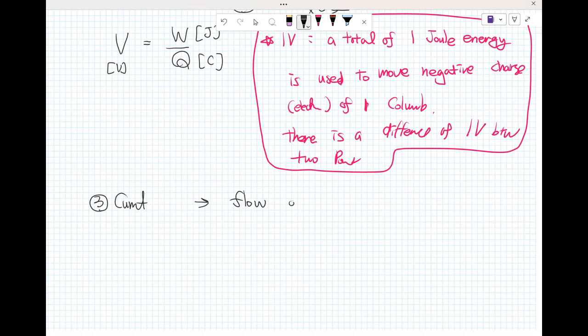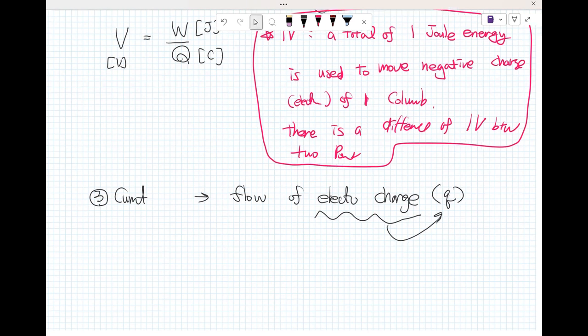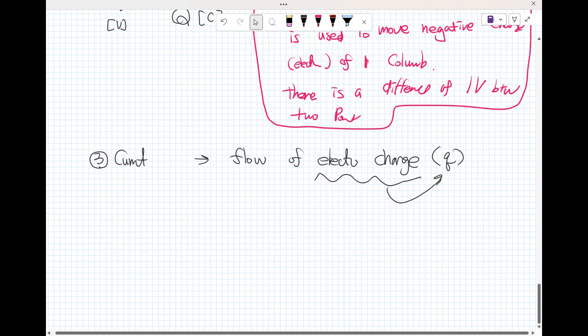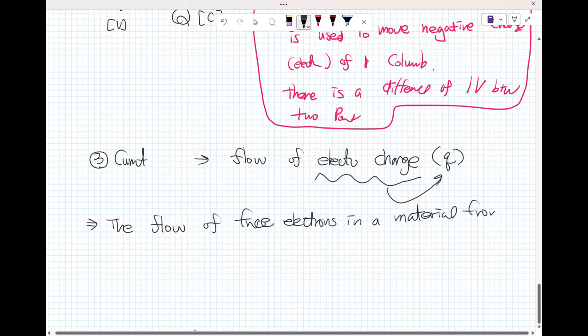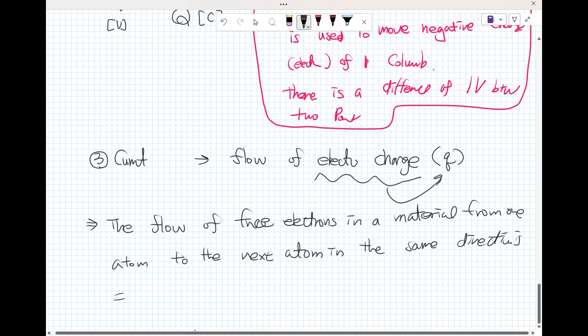It's the flow of electric charge, Q. In more detail, the flow of free electrons in a material from one atom to the next atom in the same direction is referred to as the current.